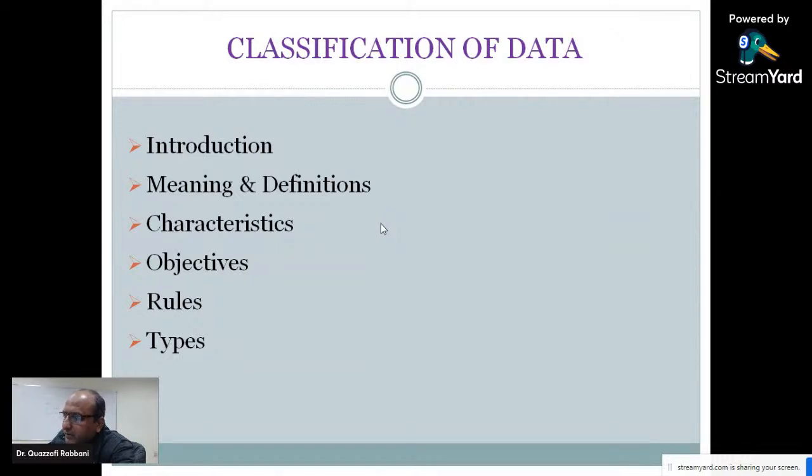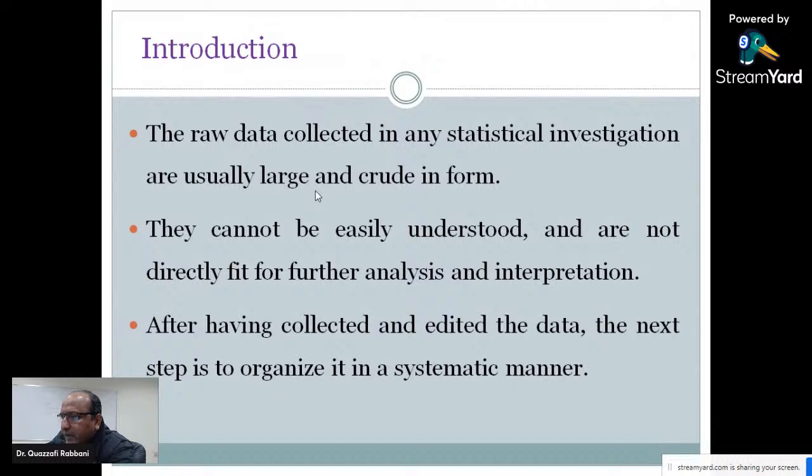Now the second part was classification of data. In classification of data, we first collect the data, and these collected data can be organized in such a way that it is easily understandable and systematic.